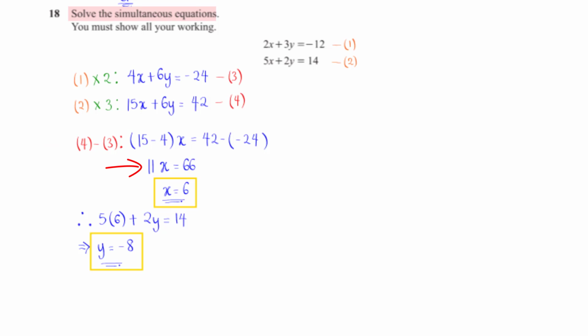When we make x the subject, we have 66 divided by 11, which is 6. Now that we have the value of x, we can substitute this value in any of the equations to find the value of y. When we use equation 2, we have 5 times 6 plus 2y is equal to 14. This simplifies to give us y equals negative 8.